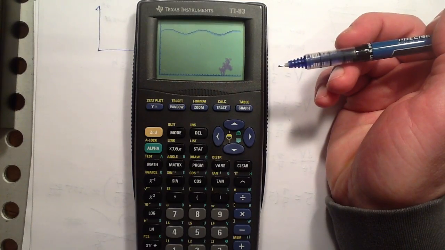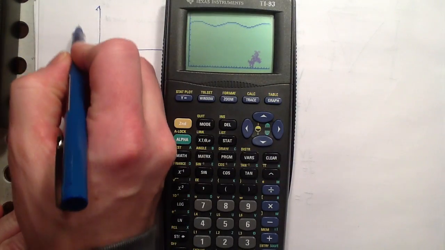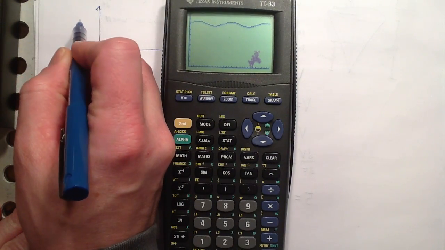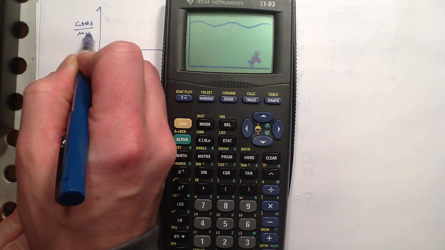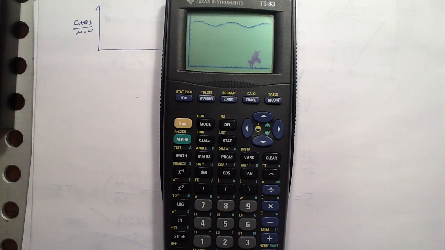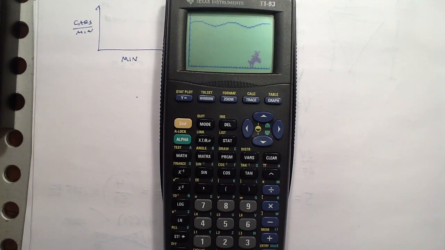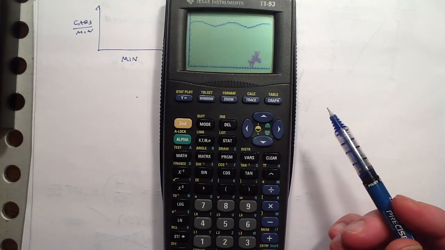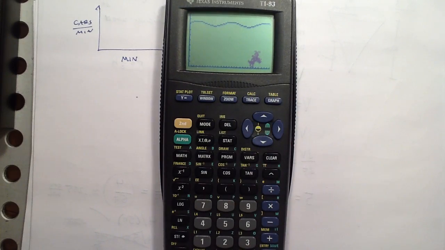Now, if I could label this, this is the f function. On this axis, we get values that are cars per minute, and on the horizontal axis, this is time measured in minutes. Now, there's two things we basically know how to do in calculus with these. We could take slopes or we could take integrals.